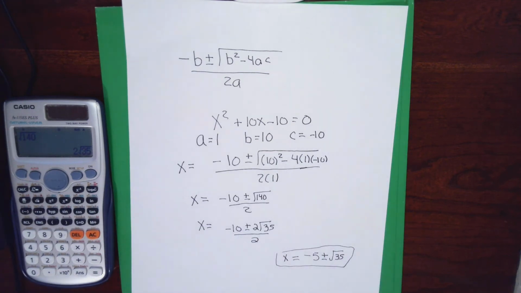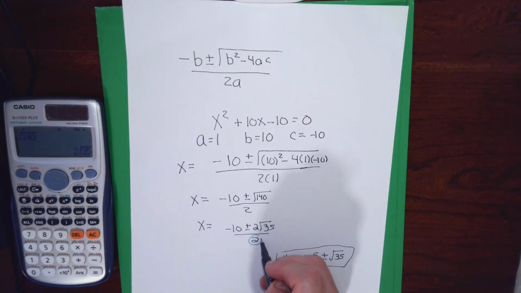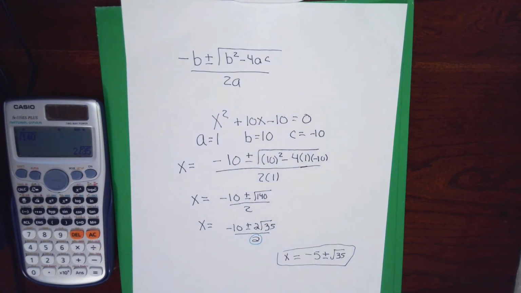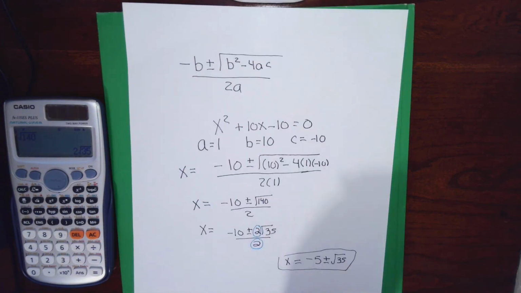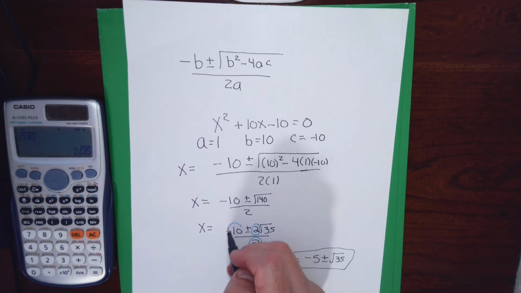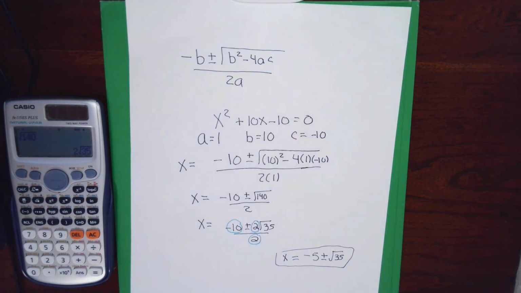If you have a big fraction like the quadratic formula creates, the only time it's legal to reduce the denominator with the numerator is if it goes evenly into the number in front of the square root and into the number to the left of the plus or minus sign. Those three numbers I have are all reducible by 2, so I'm going to reduce them.